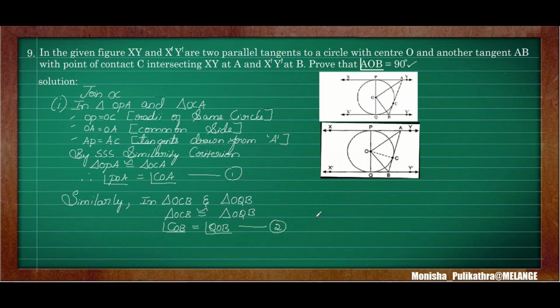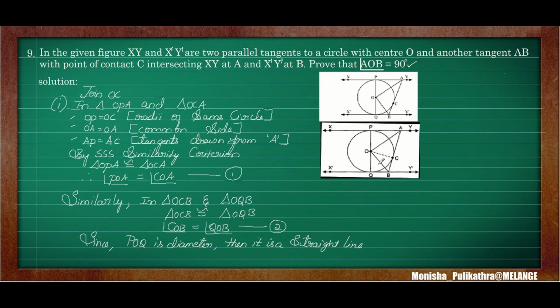Okay, so next what we have to write is, since POQ is the diameter of the circle, it is a straight line. If it is a straight line, it will become 180 degrees, right?